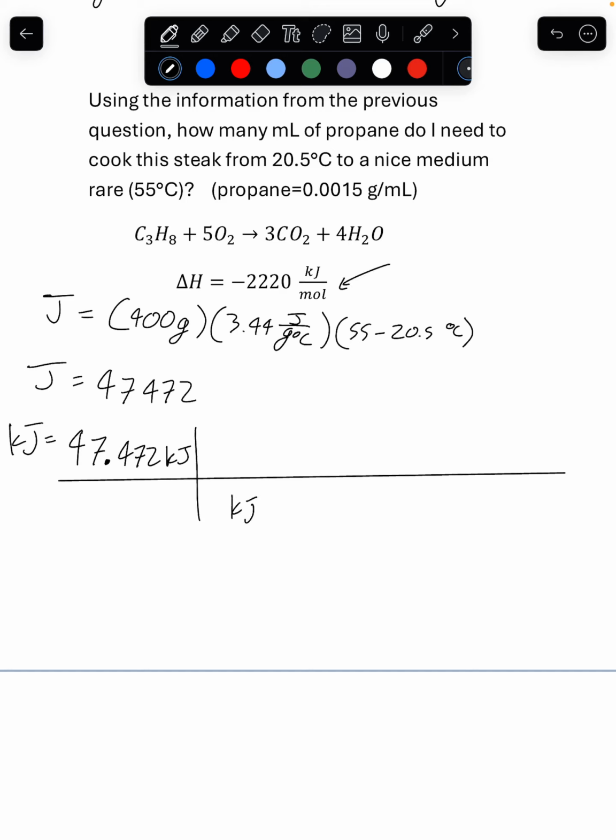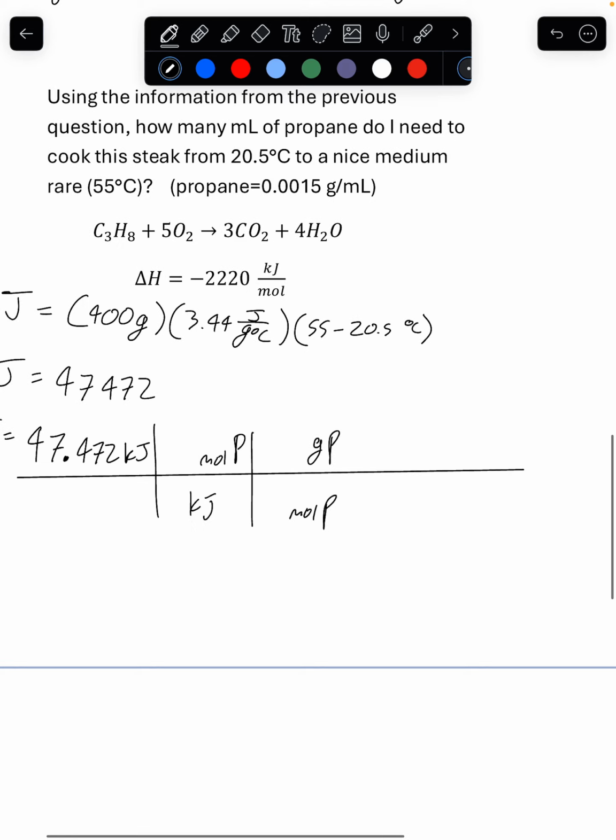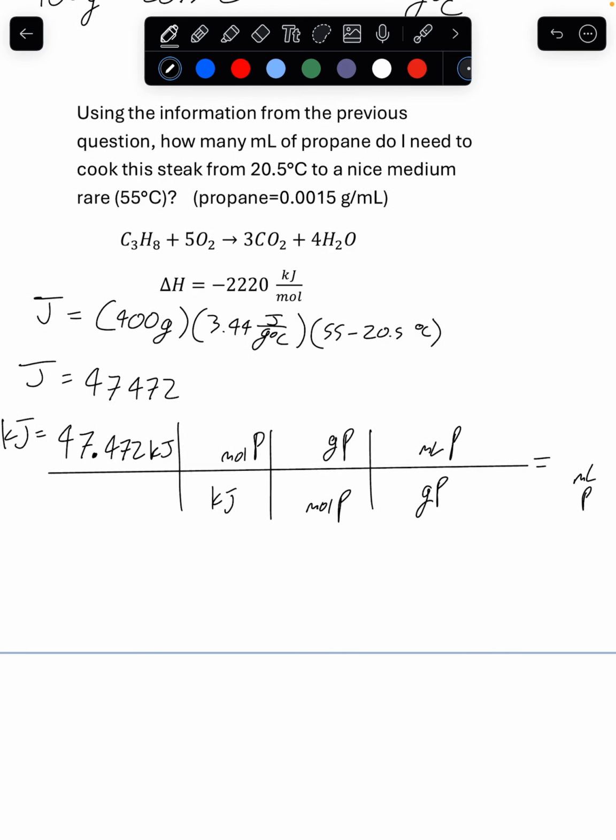So using this here, I know how many moles, I'm just going to write a capital P for propane, were related to the energy. And then I can go from moles of propane to grams of propane because I can figure out the molar mass. And then grams of propane to milliliters of propane. There's no way I could have figured that out, but it gave me the density, so I can do it. And that's where I want to go, right, is to milliliters of propane.